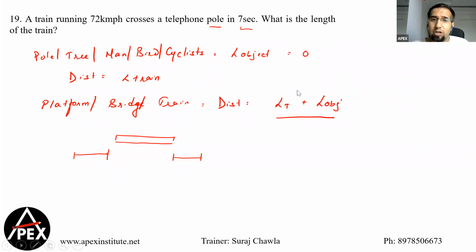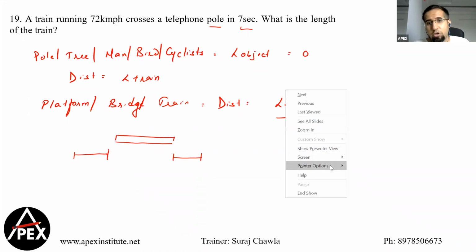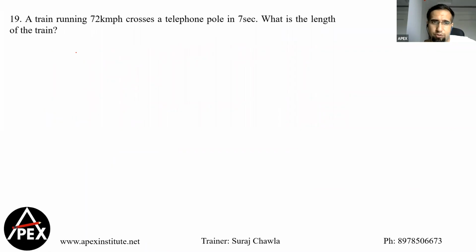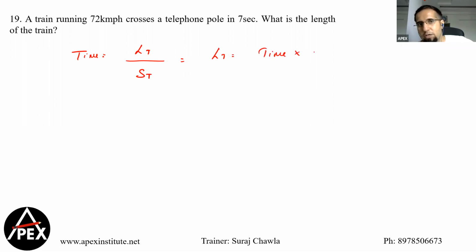Okay, guys. So let's solve this question. The time taken to cross is the length of the train, because the length of the pole is assumed to be 0, divided by the speed of the train only, because the pole cannot move. But the question is asking us the length of the train. So length of the train is equal to the time in which the train is crossing into the speed of the train.